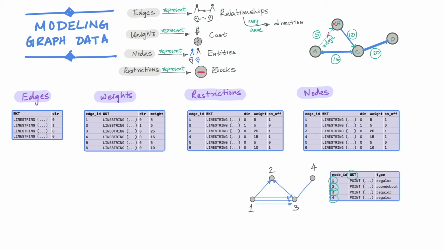And since we now also have the information on whether a node is a roundabout or not, we can specify a restriction that matches the value for the type of node to a roundabout to impose a restriction on it. This would mean that any path that goes through node 2 cannot be traversed anymore.